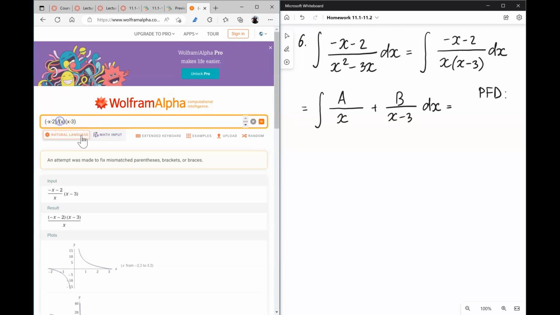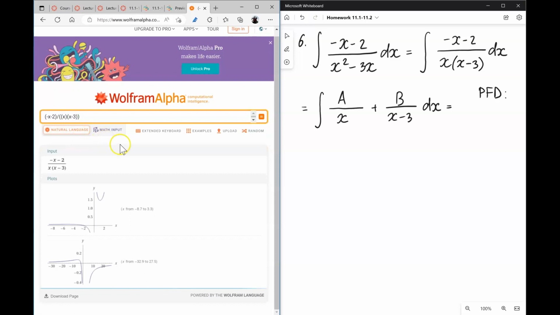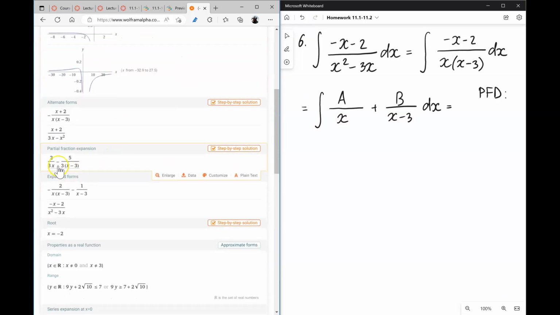Let me see here, I'm missing a parenthesis. This is the partial fraction expansion, so we can see that A is equal to 2/3, B is equal to -5/3.